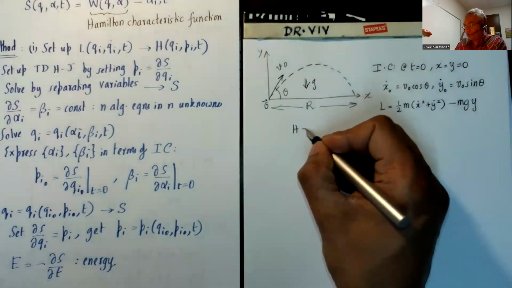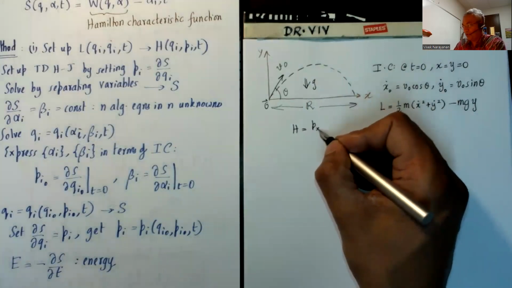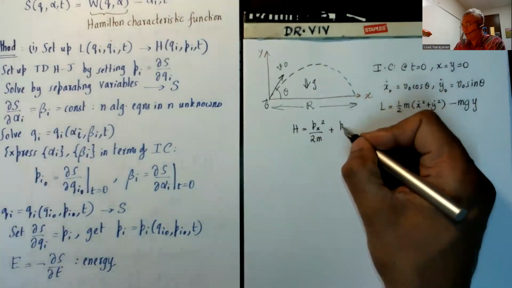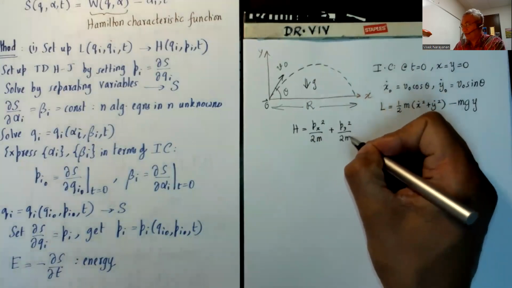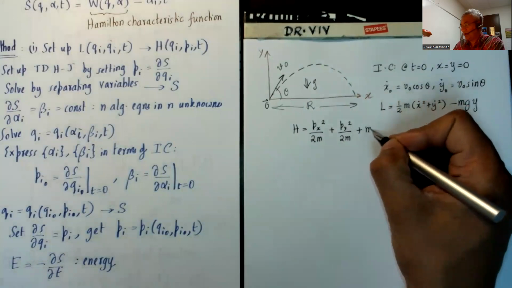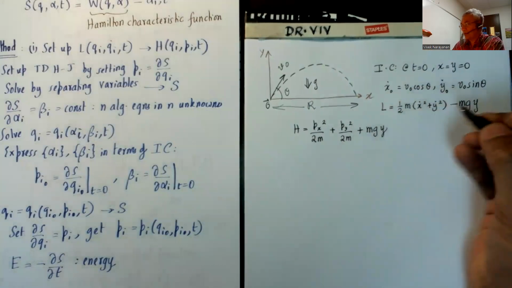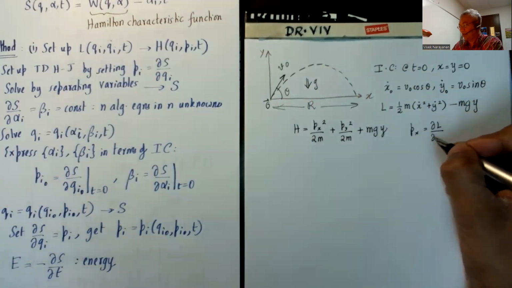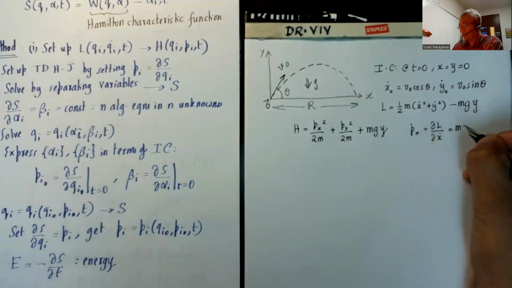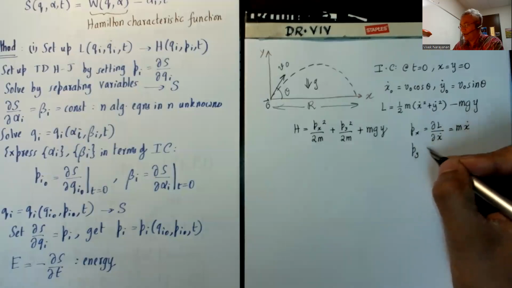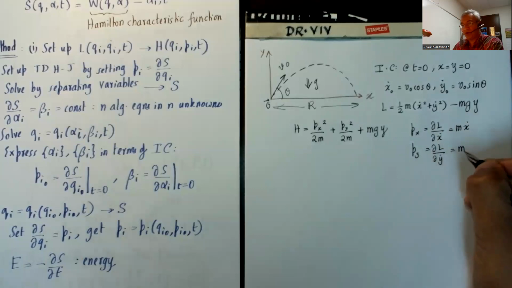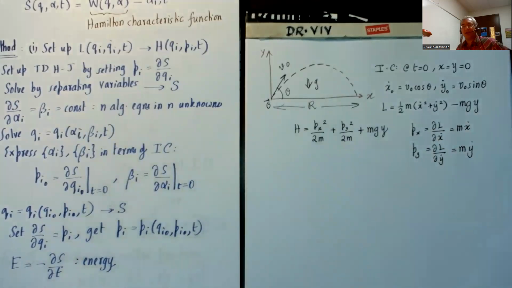And then the Hamiltonian, you can easily show, is just going to be px squared over 2m plus py squared over 2m plus mgy, where px is del L by del x dot, which is m x dot, and py is del L by del y dot, or m y dot. Done. So we've got the Hamiltonian.